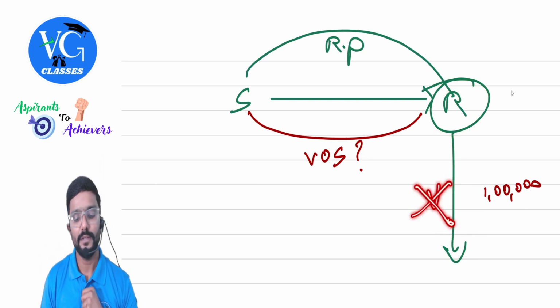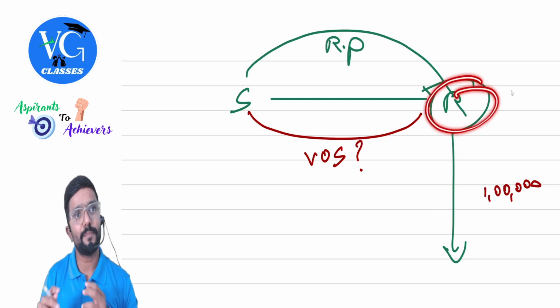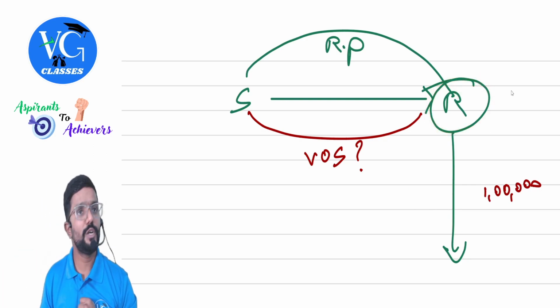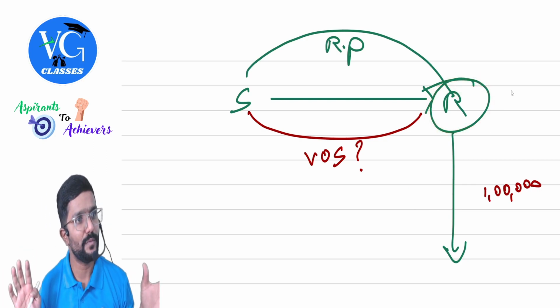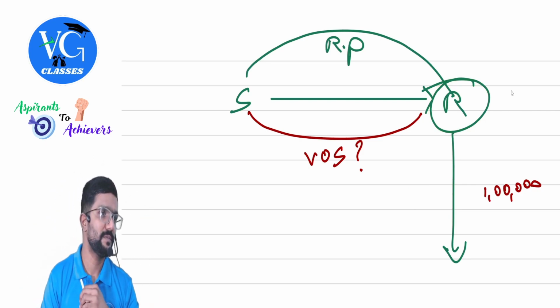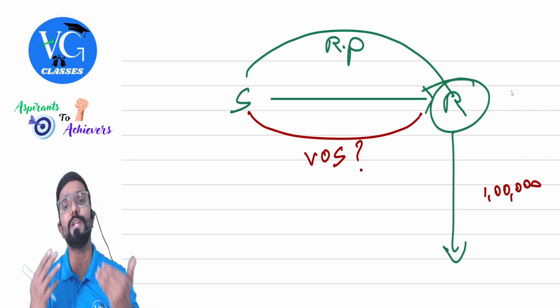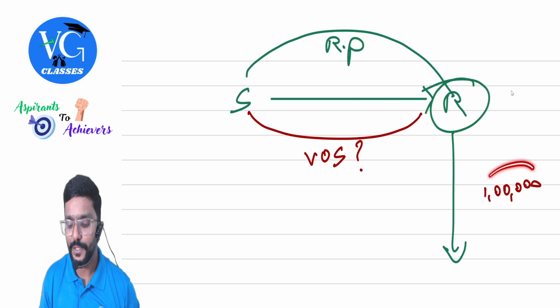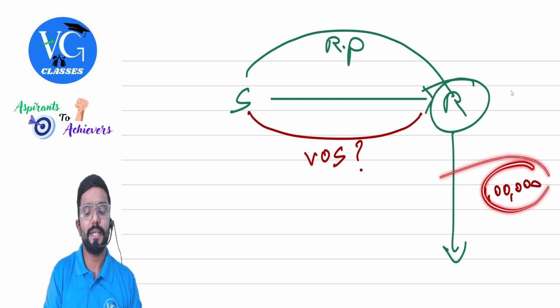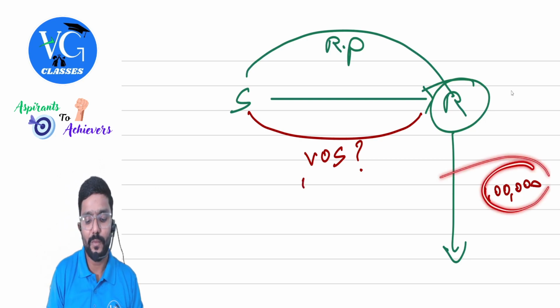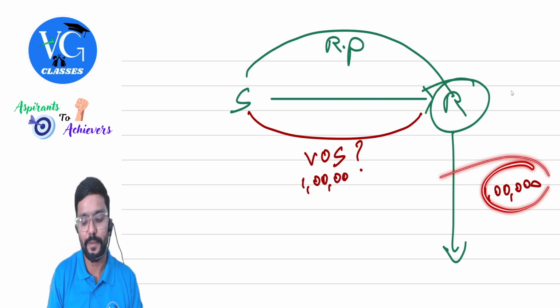No. They are telling, if a similar product is supplied to a person who is not related to them, at what value is it sold? Assume it is 1 lakh. They are telling, take 90% of that. So your value of supply would be 90% of that. 90% of that comes to how much?